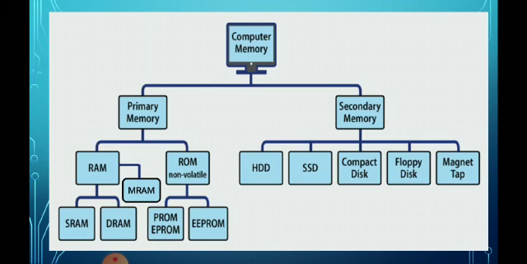Now we will discuss ROM, different types of read-only memory. There are three types of read-only memory: PROM, EPROM and EEPROM. But before discussing the types, I just want to tell you, beta, you can't store your data in ROM.